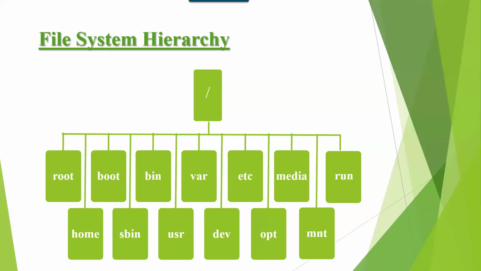But in Linux, even after we create and format the partition, we cannot access it directly. Then how do we access the partition? We create a directory, meaning a folder, and we link the partition and the directory. That is called mounting. Then we access the partition through the directory.